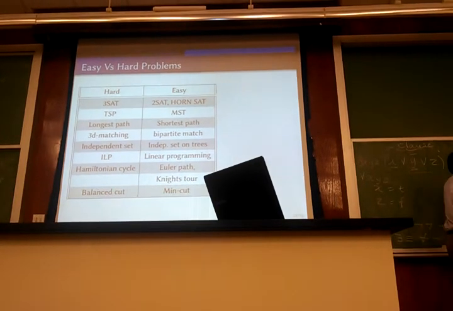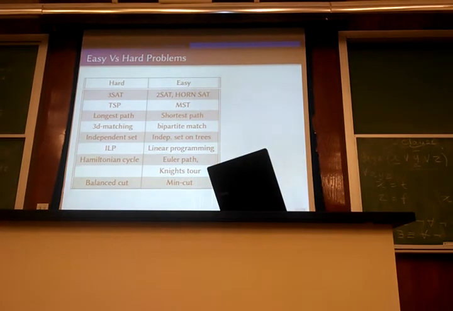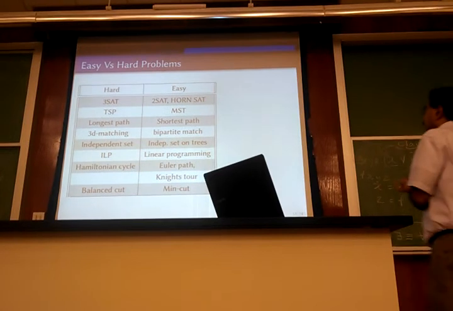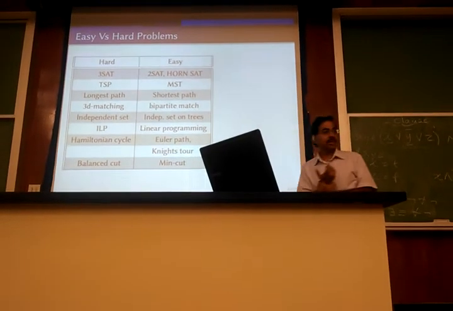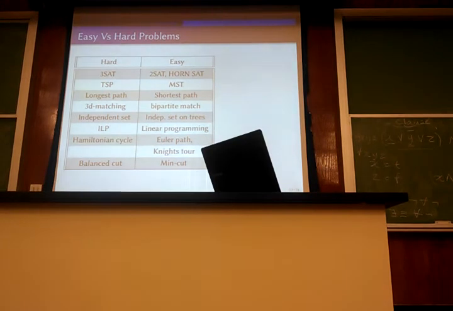Okay, so this is actually an example of 3SAT. Okay, so 3SAT is a hard problem. Okay, but if you say 2SAT, where each clause has only 2, well, that actually is quite easy to solve.